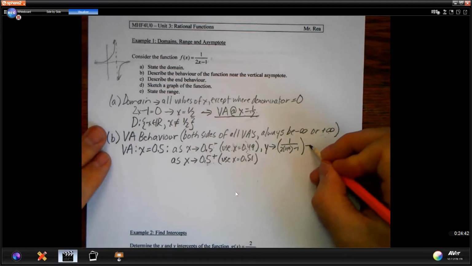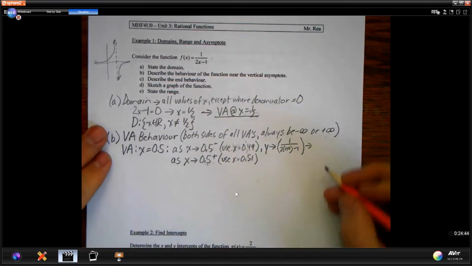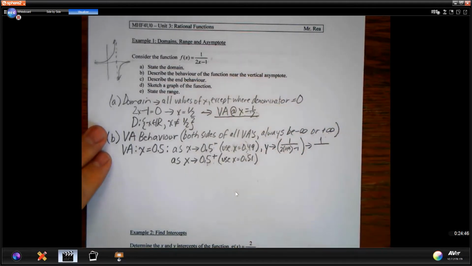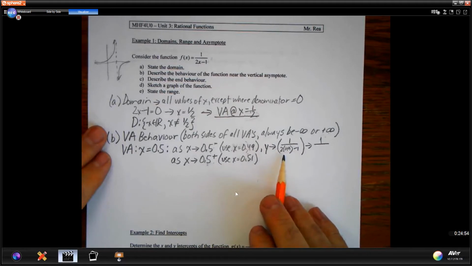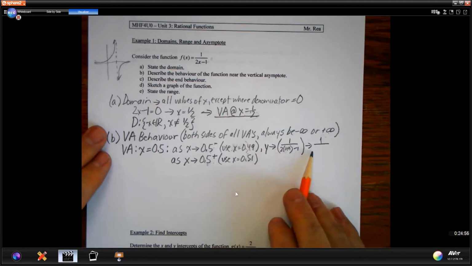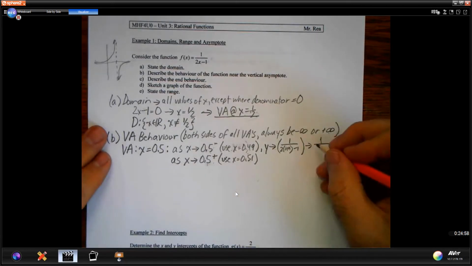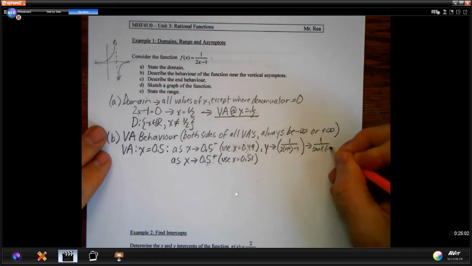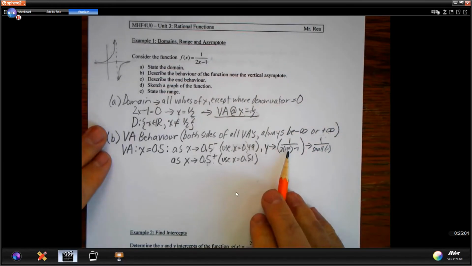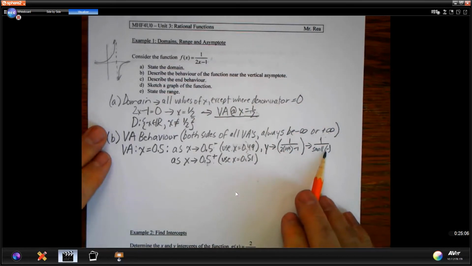So if I was to actually evaluate that, I'm going to get 1 on the top, and on the bottom I get 0.98 minus 1. It's actually negative 0.02. All I'm going to put here is it's a small negative number. And that will always be true no matter what value you put in here. So a small negative.